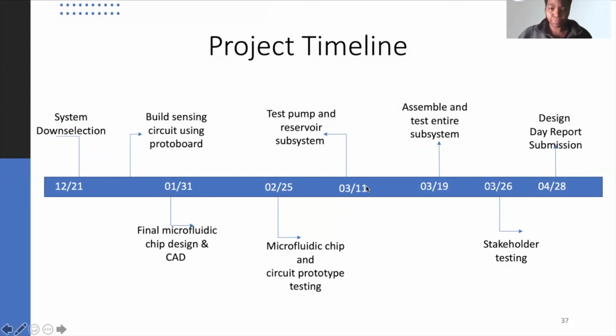And then we're going to be testing the pump and the reservoir in March, beginning of March. Once all of these subcomponents have been individually tested, we're going to assemble and test the subsystem before we give it to stakeholders to test and give us more feedback, all of which should hopefully be well in time to submit the report and for design day.